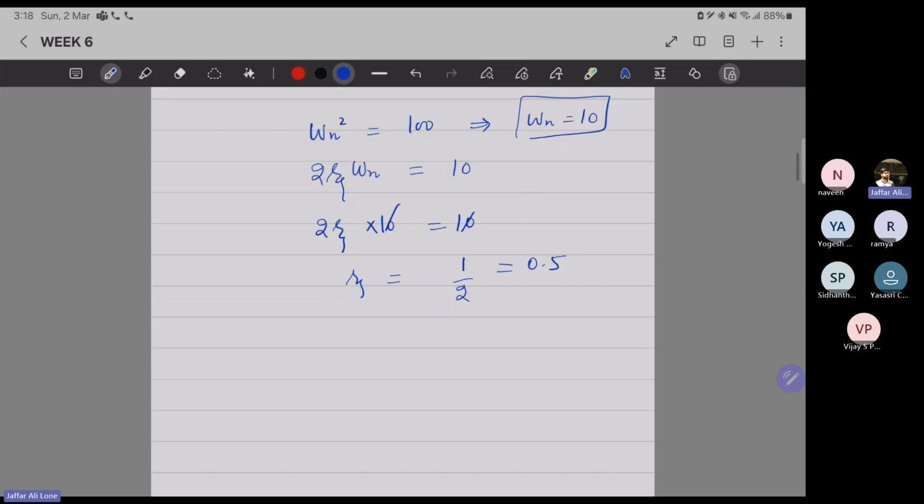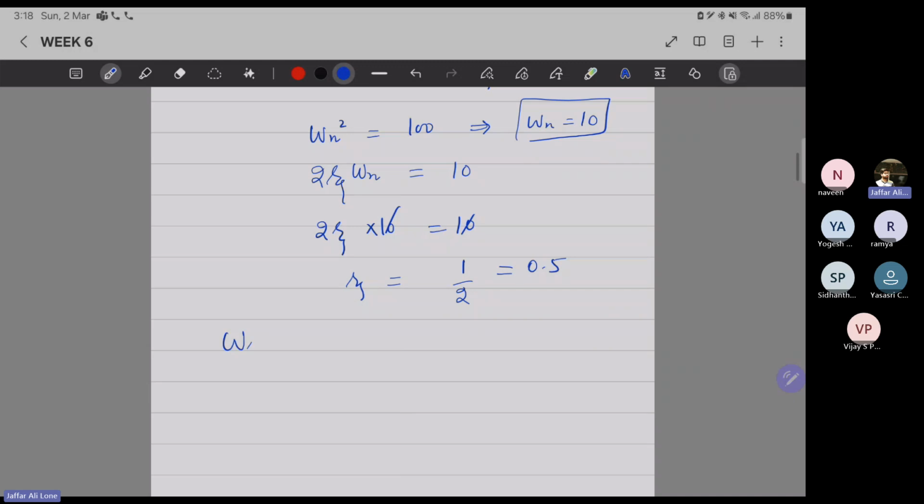And now the formula for resonant frequency is omega n under root of 1 minus 2 zeta square, which is equal to 10 into root of 1 minus 2 into 0.5 square. So tell me what is the value of omega r, and it should be in radians.